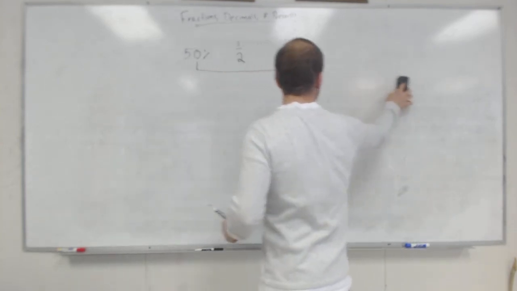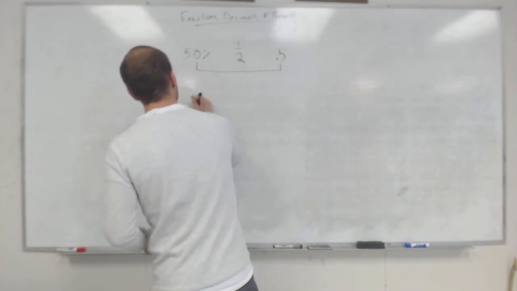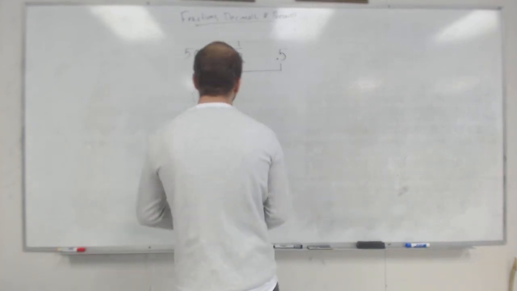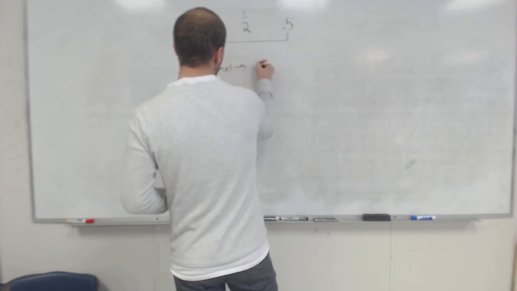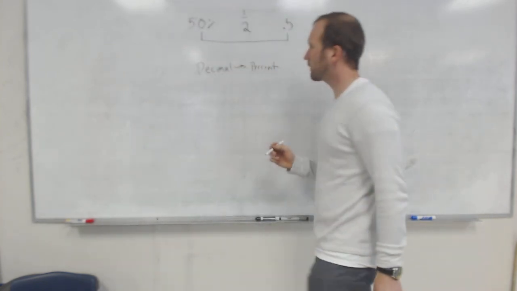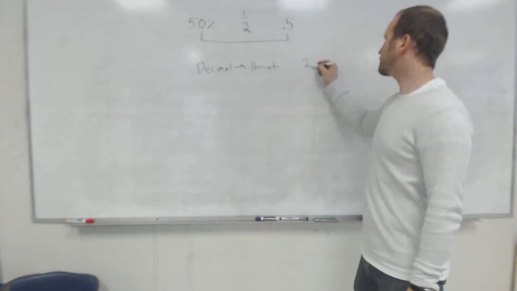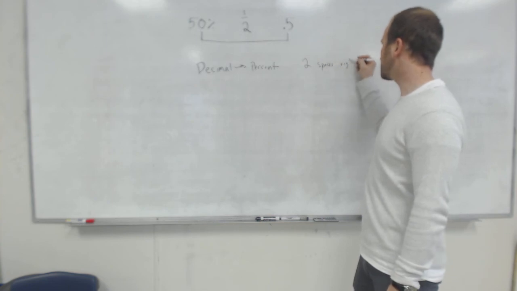So let's say we flip this around. If we want to convert a decimal into a percent, to convert a decimal into a percent, we go 2 spaces right.